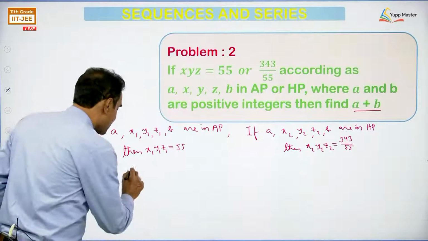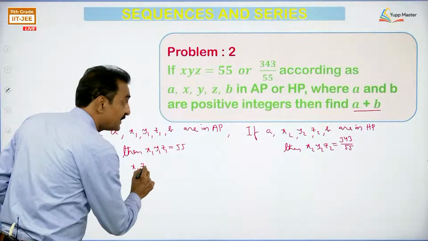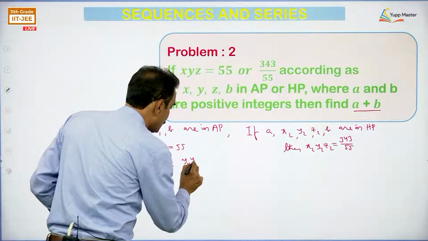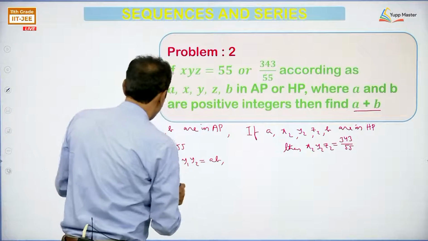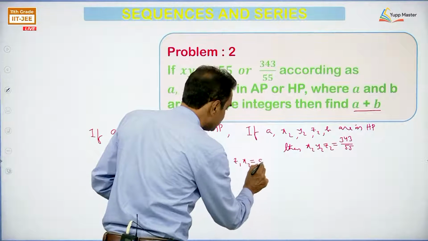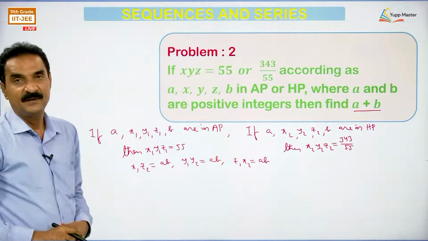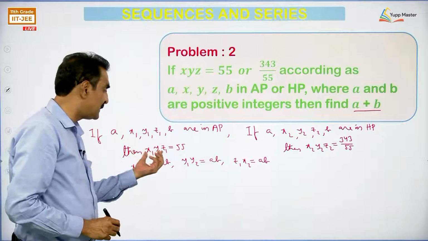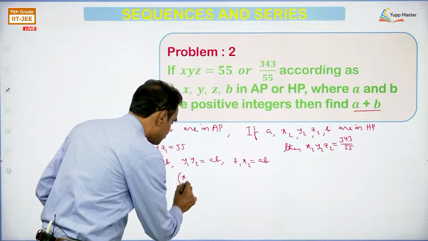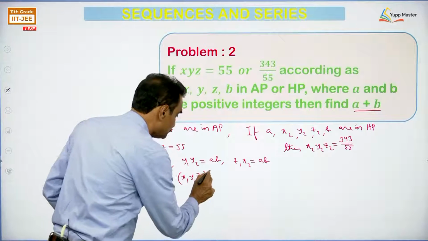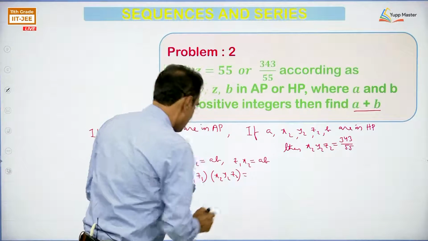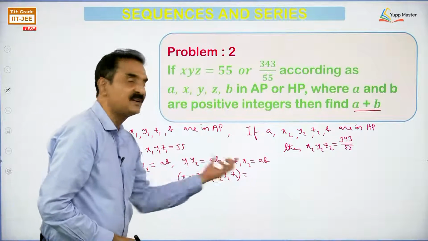Alright, x1 into z2 is AB, y1 into y2 is AB, and also z1 into x2 is also AB. Now, if you multiply x1, y1, z1 with x2, y2, z2, this is nothing but the product of this, this and this.